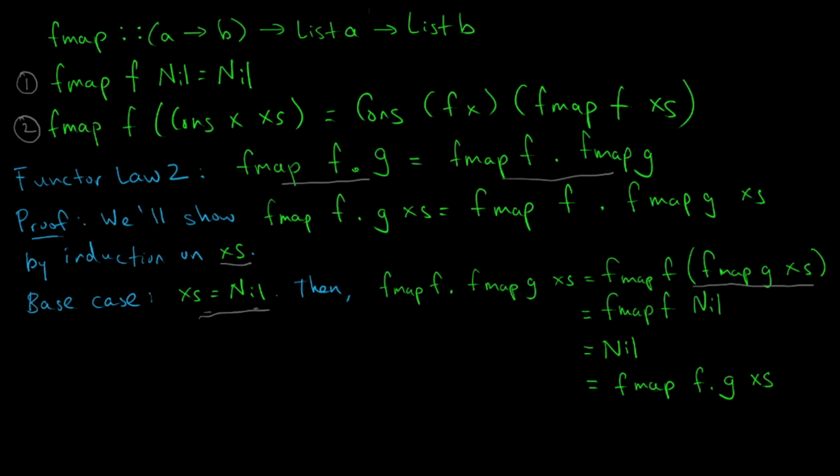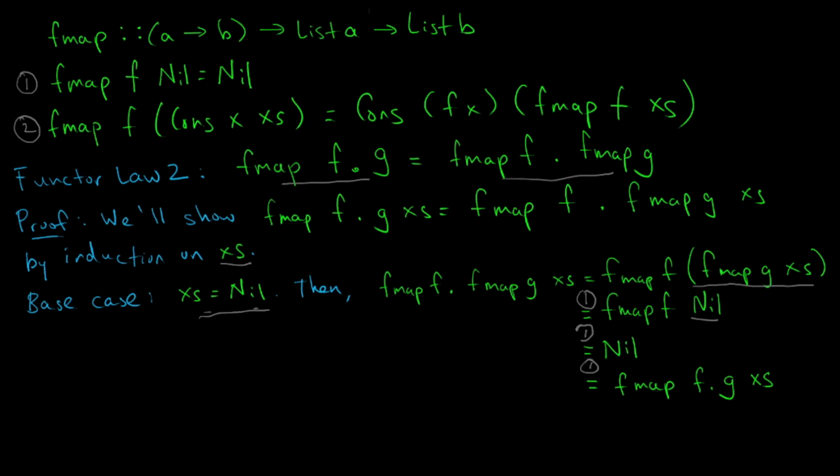Well, x's is nil, so by line 1 of the definition of fmap, this is just going to be nil. Now we're applying fmap of f to nil, and again by line 1, that's just going to be nil. Well, nil is also equal to fmap of f composed with g of x's. Again, because x's is nil, if we do fmap with any function applied to nil, we're just going to get nil, and that's by line 1.